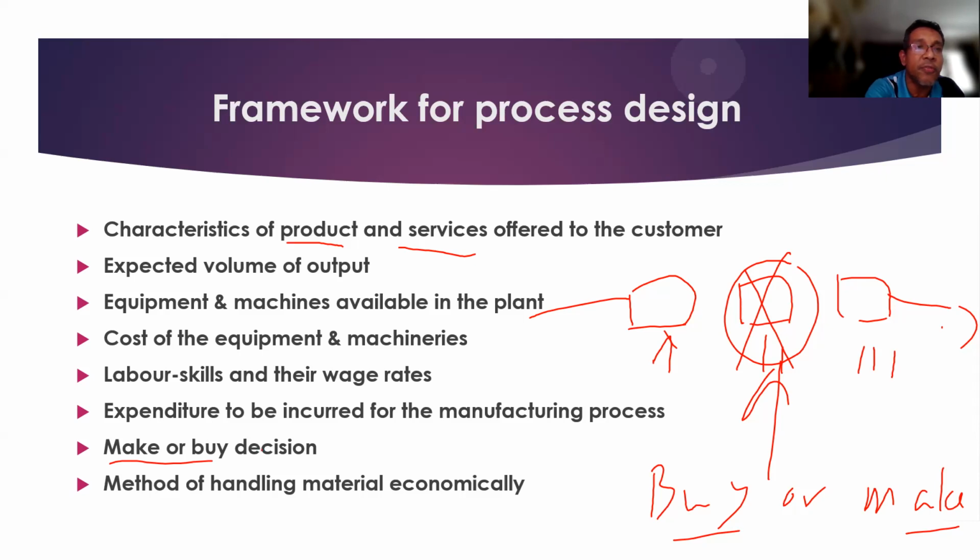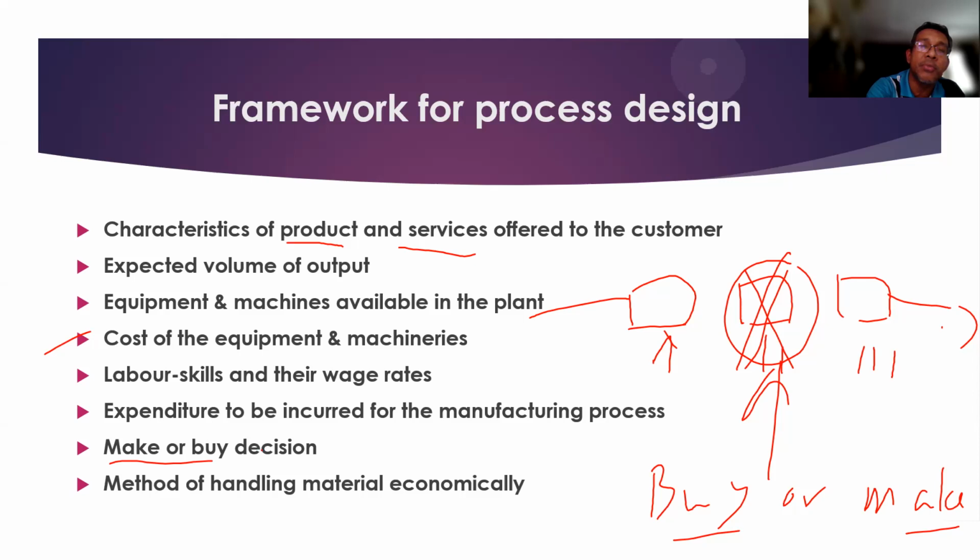Before that, number 4 is the cost of equipment and machinery. When we decide to fabricate in-line, we need to replace this machine, for example, we need to buy new equipment. So the cost of equipment and machines we need to consider.